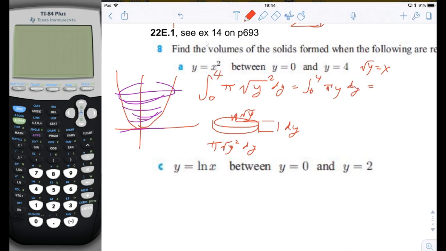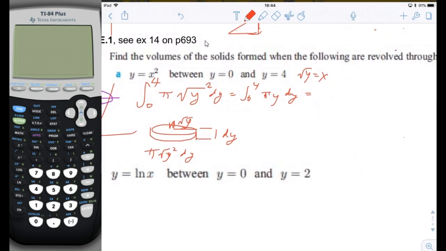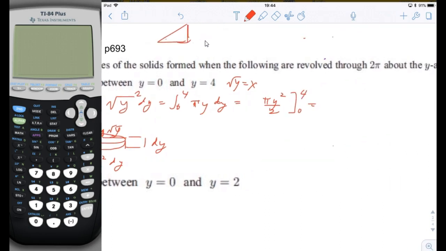Now I'm going to take the integral of pi y. Pi is just a constant coefficient, so it's going to be pi y squared divided by 2, and I'm going to integrate from 0 to 4. If I put 4 in there, it's pi 16 over 2, and if I put 0 in there, it's 0. So basically, my answer is 8 pi.